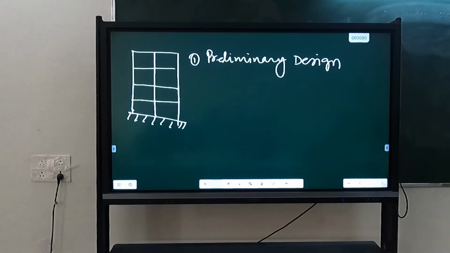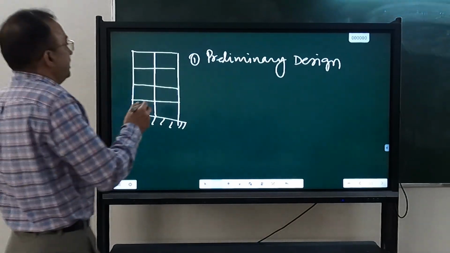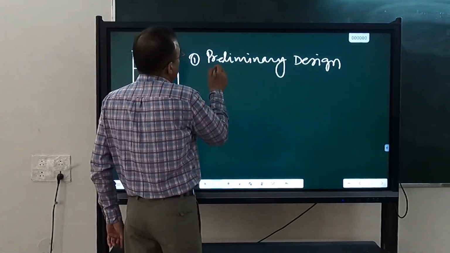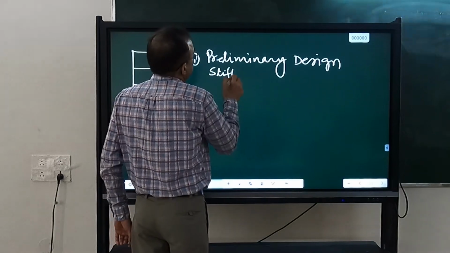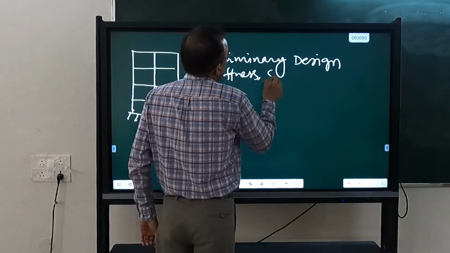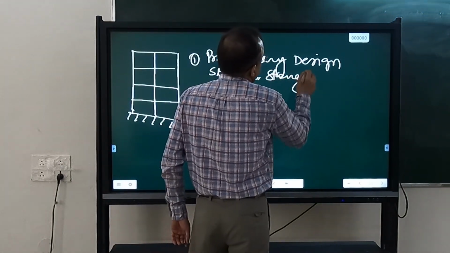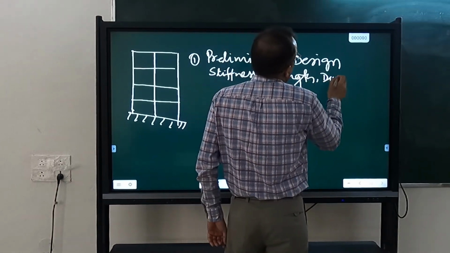Initial design will be required, and initial design in fact is required in case of our code-based method also. But there you require only stiffness. Here, in addition to stiffness, you need ductility and strength also. You require stiffness, you require strength, and you require ductility.